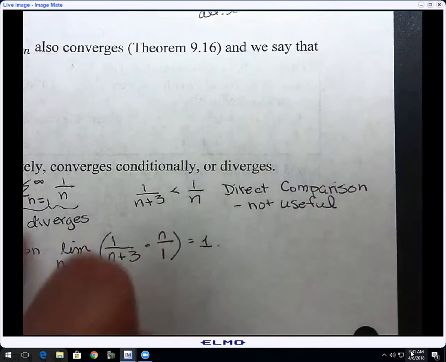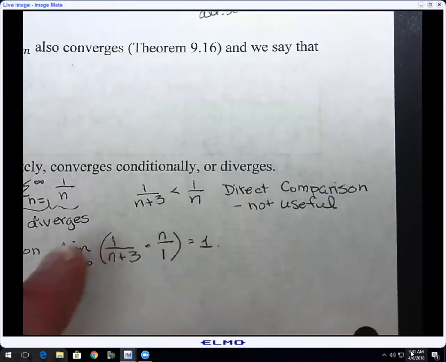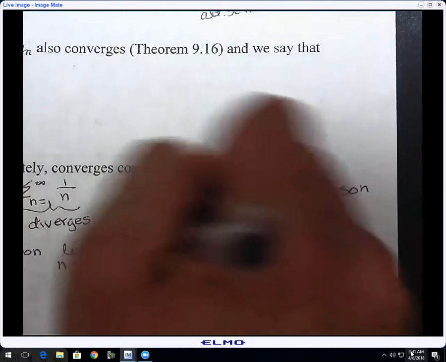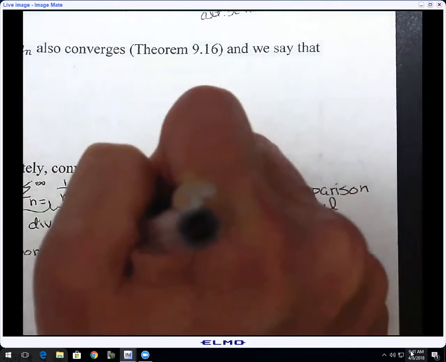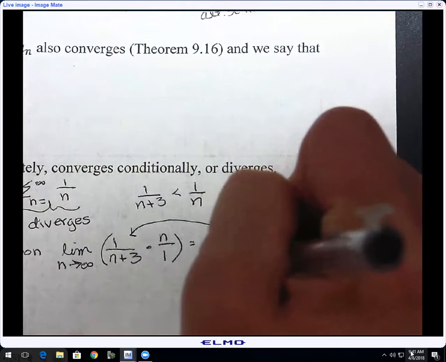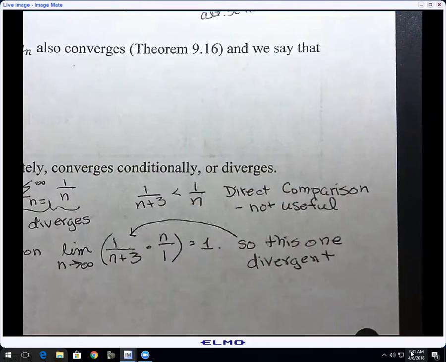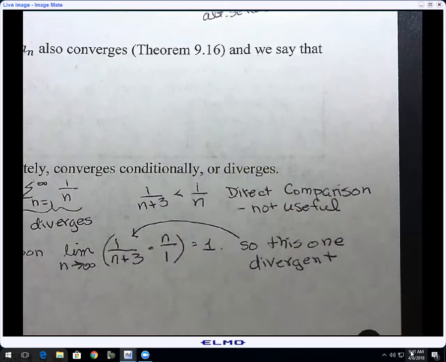The limit is positive and finite, and so this one is divergent also. I was using the limit comparison test with a divergent series. I got a limit, positive and finite. That means that this one is doing the same thing this one did, just not for the reason that I have in my notes. That didn't prove it, this proves it.